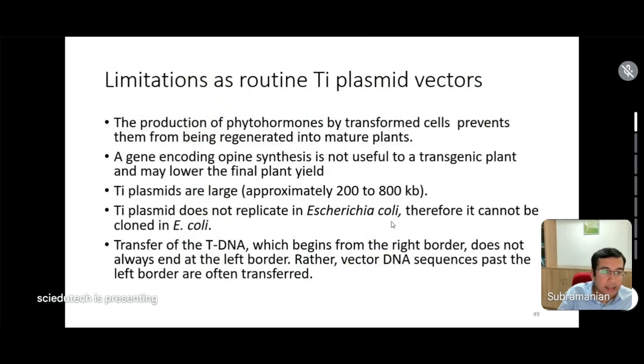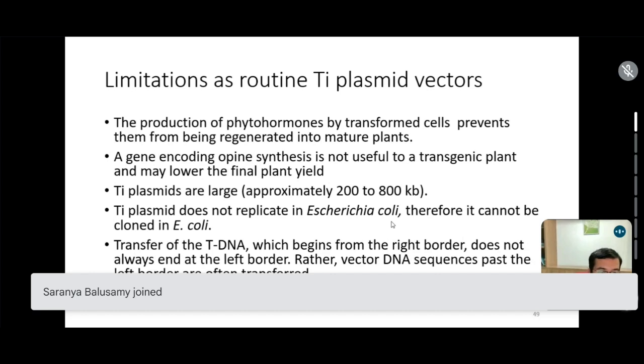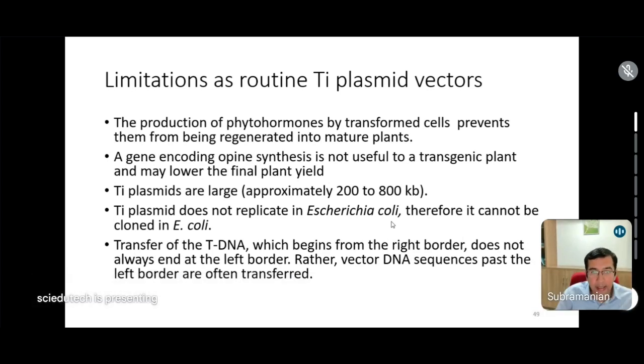Next slide, please. So there are certain limitations of using TI plasmid vectors. One of them is production of phytohormones by transformed cells that prevents them from being regenerated into mature plants. And the gene encoding opine synthesis is not useful to the transgenic plant, and it might lower the final plant yield. So now we have actually removed these two, right?